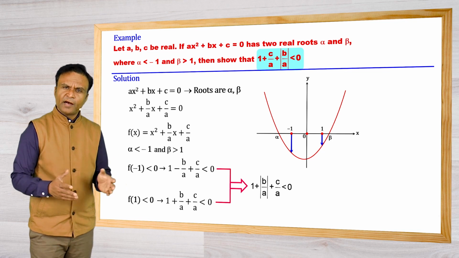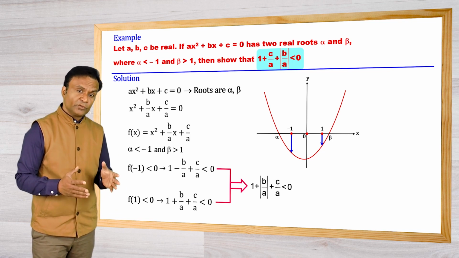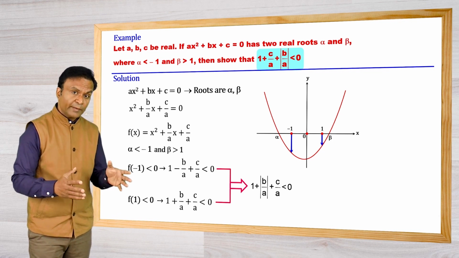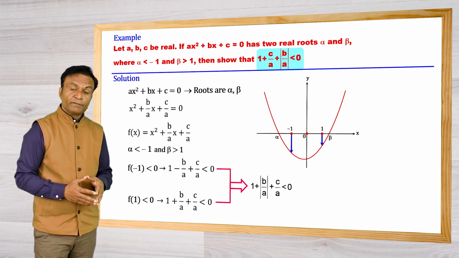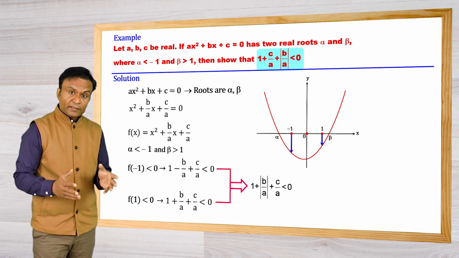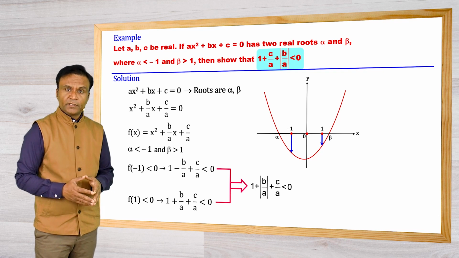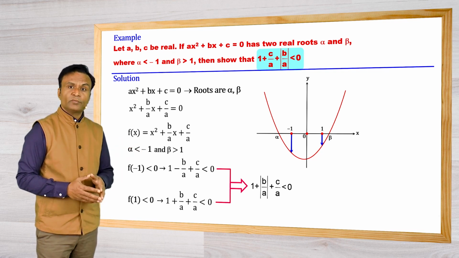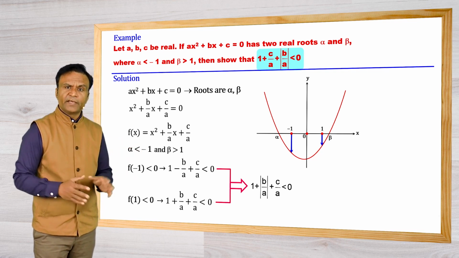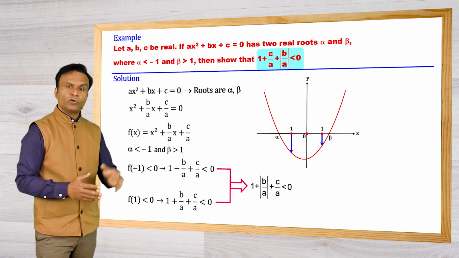So you can see how these graphs are useful to solve this type of question. In fact, graphical analysis makes these problems too simple, because everything is visible when you plot the graph.